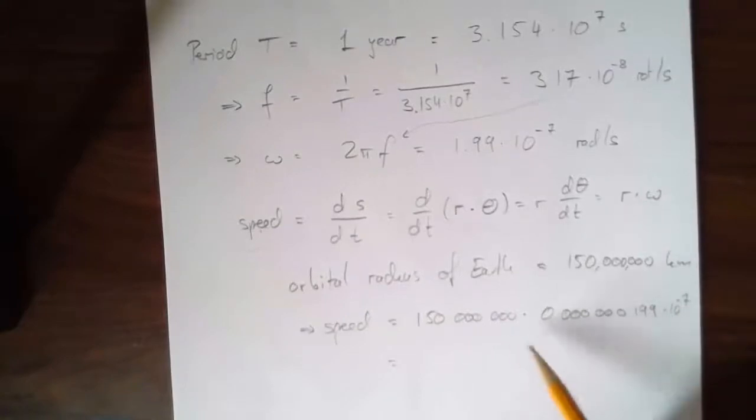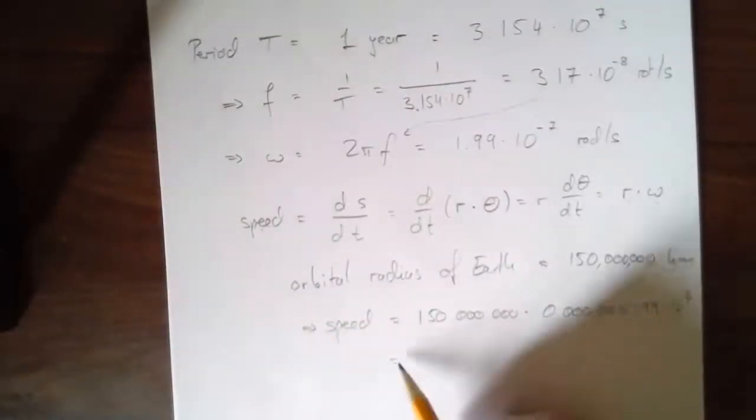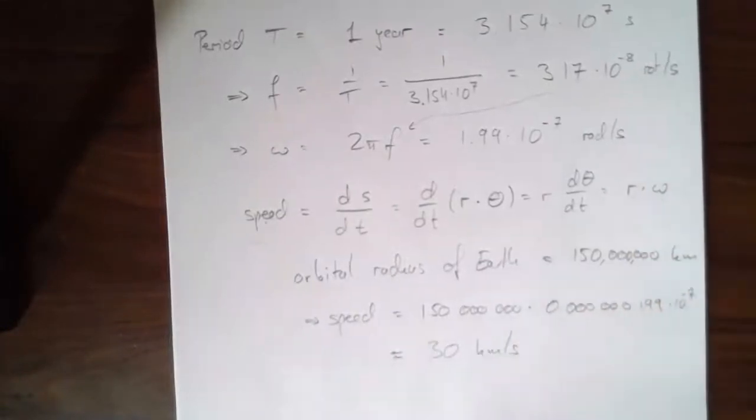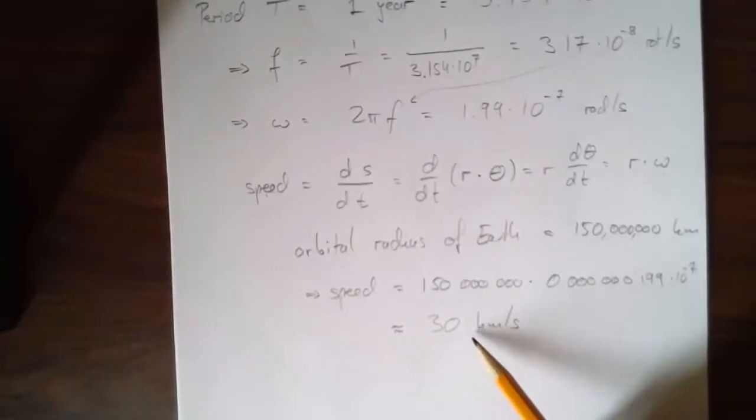You do the math, a lot of zeros are going to cancel out, and we are going to get, I did work this out too, something that's fairly well known, about 30 kilometers per second, just short of 30 kilometers a second. It's the speed of the Earth in its orbit.